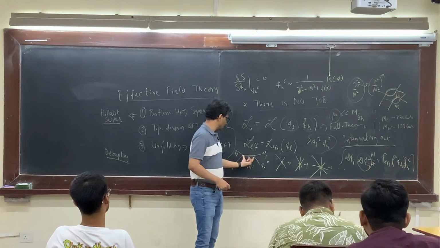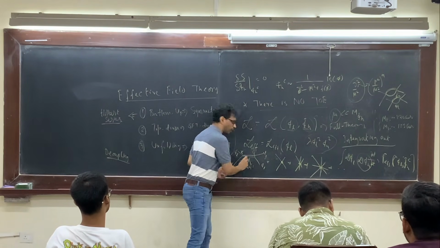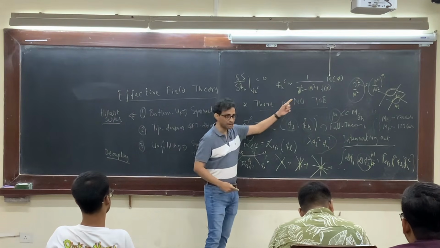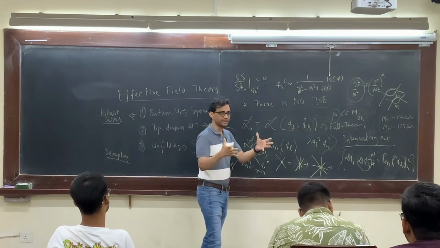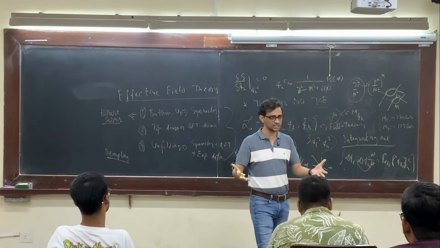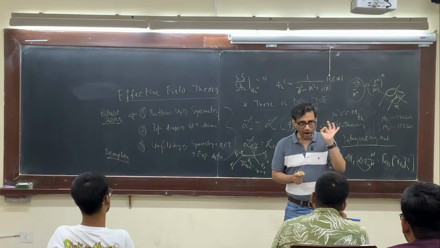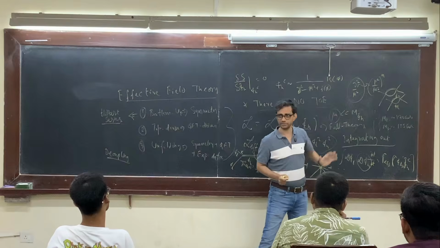But diagrammatically, if you think in real space, this is x, this is y. Now, when I'm performing that expansion, what does it mean? You are taking the limit x tends to y. So if you have a Green's function G(x,y), you are taking the limit x tends to y. And how you take that limit, that's what actually performing that expansion is.